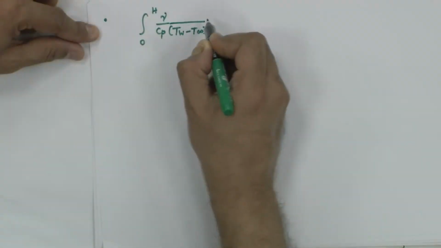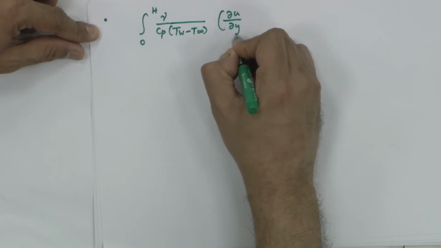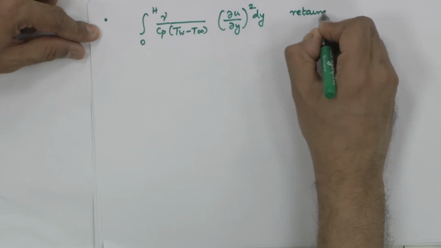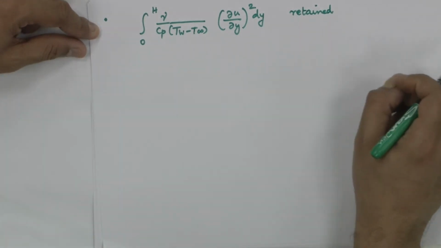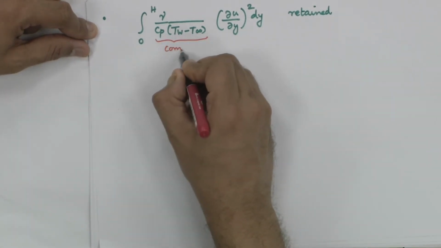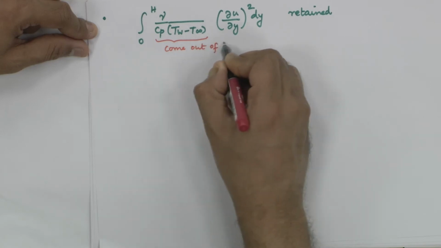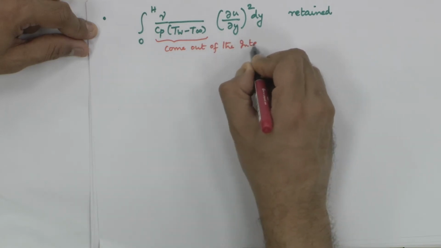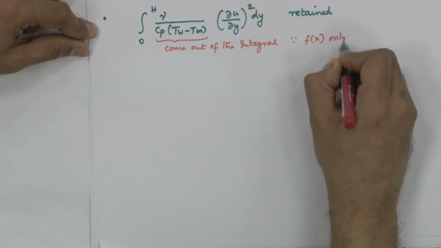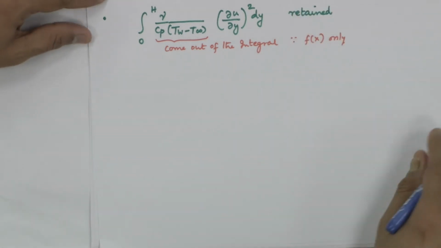The last term is the integral from 0 to h of nu over Cp times T wall minus T infinity, times du by dy whole squared, dy. This is retained as it is. What happens to this? You can bring this out of the integral because it is a function of x only. That is the only manipulation possible.